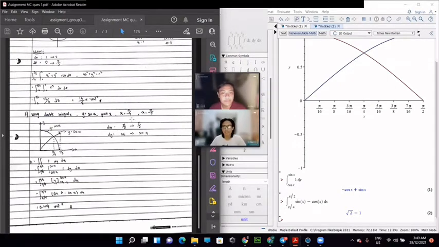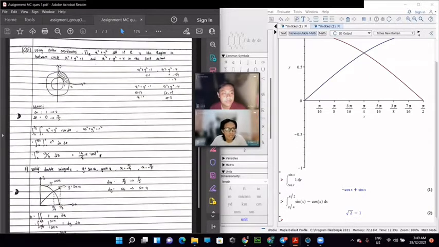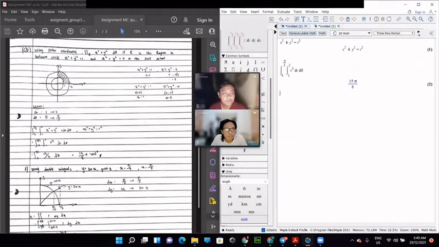So I will briefly explain question 1C, 1 Roman and 2 Roman. For 1 Roman, using polar coordinates, we need to get the answer in units. So this is our solution for question 1 Roman.